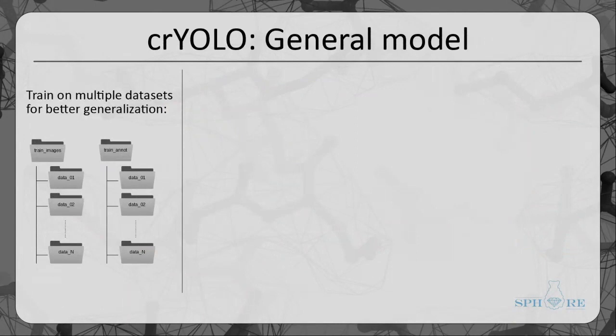And the model trained on one of these data acquisitions will likely not perform that well on another dataset. So what you can do to get a better generalization is to merge your training data from multiple data acquisitions. The result is a model that generalizes much better, and for other data acquisitions you don't have to retrain your model again.